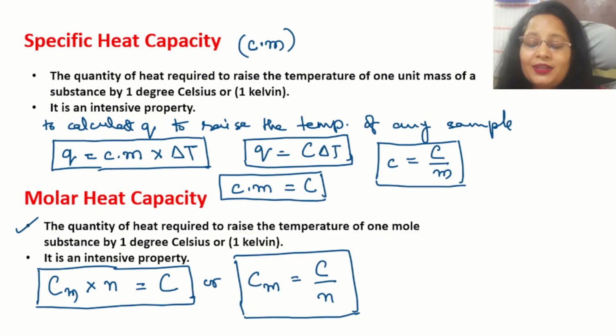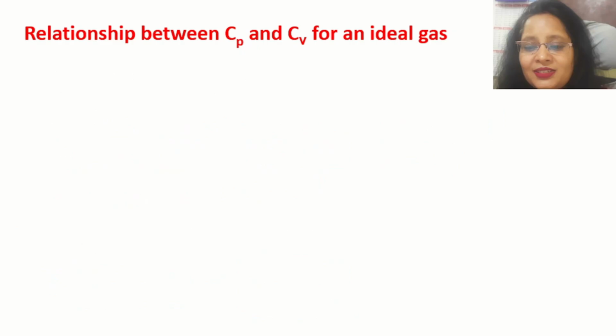So in this way we understand the molar heat capacity means heat capacity per mole of substance, and specific heat capacity is the heat capacity per gram of substance. This difference is there. Now come up to the next and very important part, relationship between Cp and Cv of an ideal gas. Now here let me explain to you what is Cp.